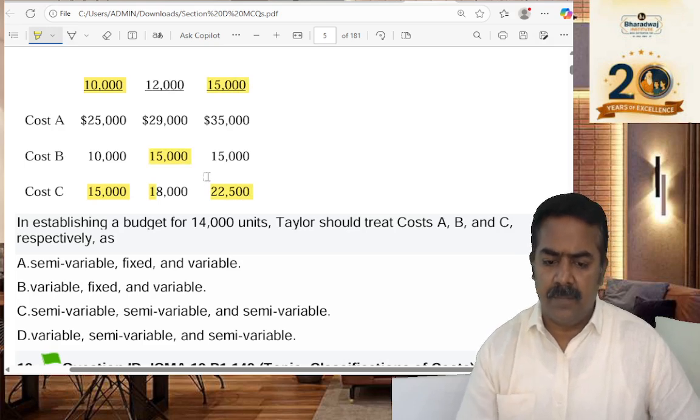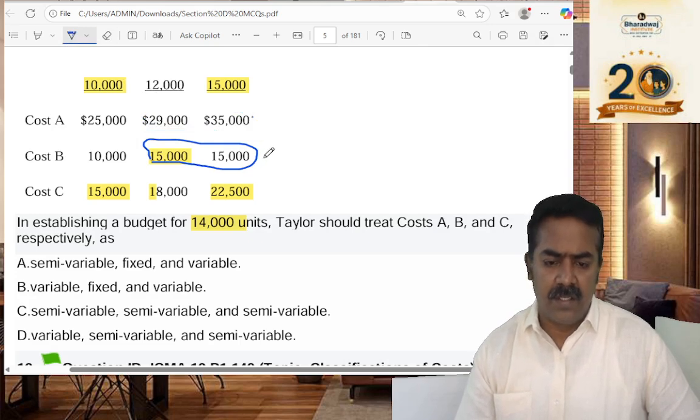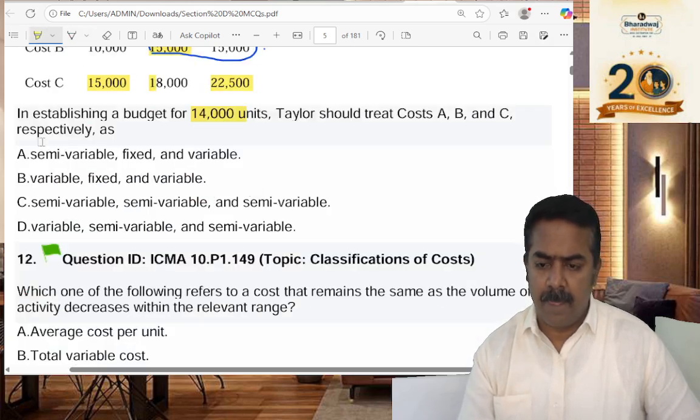Cost B, for 14,000, it is a fixed cost. This is a semi-variable cost. It is not changing proportionately. So this is semi-variable or otherwise fixed cost. This is fixed cost, this is variable cost, which is correct. Option A, for 14,000 units specifically, they asked.